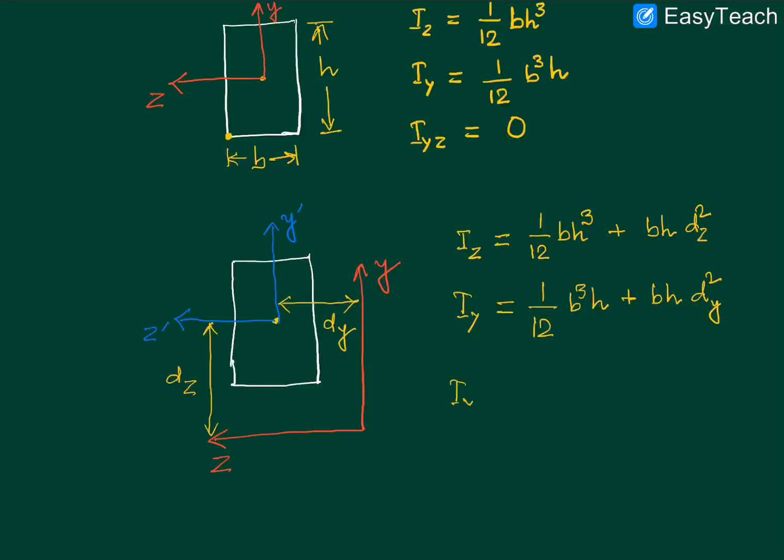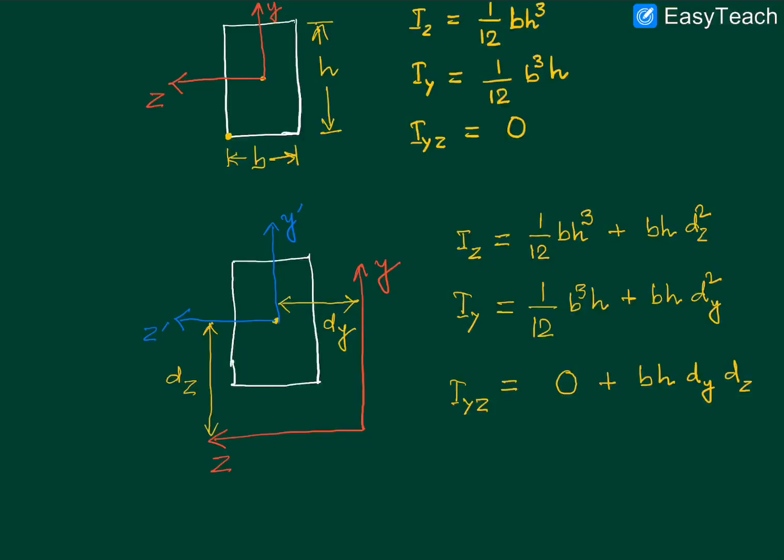Finally, for our Iyz, we have first of all the zero contribution by referring to the centroidal axes y dash and z dash, but referring to the y and z axes, we have the area of the cross section times the distance between the y dash and the y axis, which is dy, times the distance between the z dash axis and the z axis, which is dz.